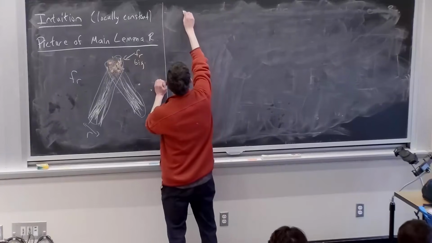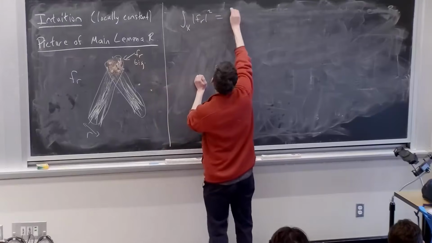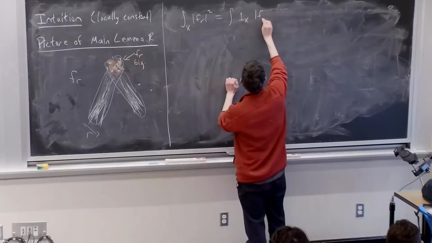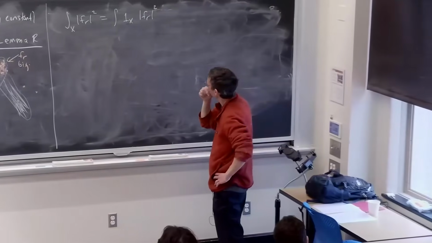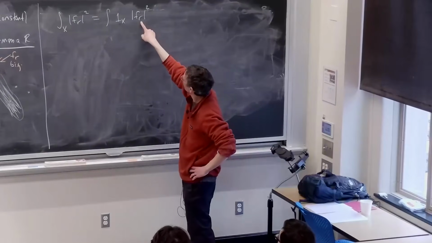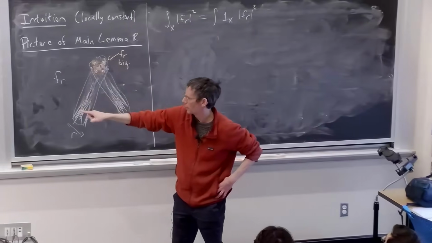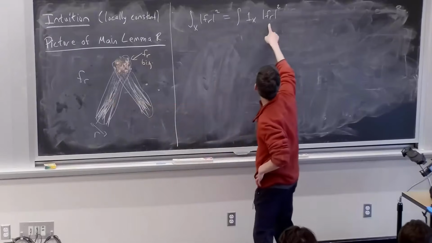All right. So we have the integral over x of fr squared. I'll just rewrite it as the integral of 1x fr squared. Now, if I want to use the locally constant property of fr squared, I can use these lemmas. In particular, I can use lemma 2, which is well set up to deal with the square.